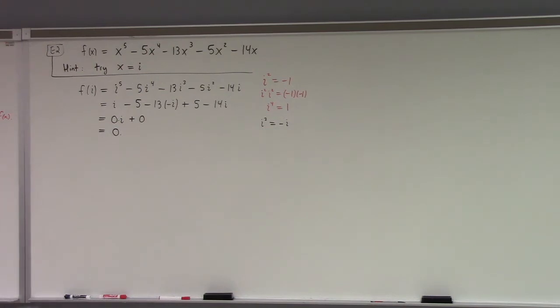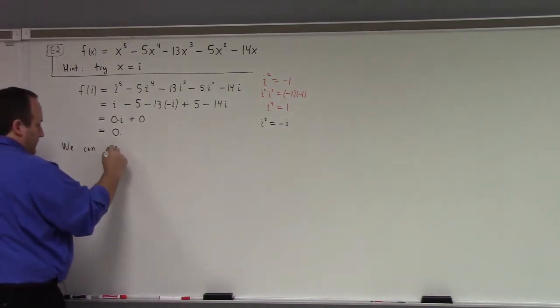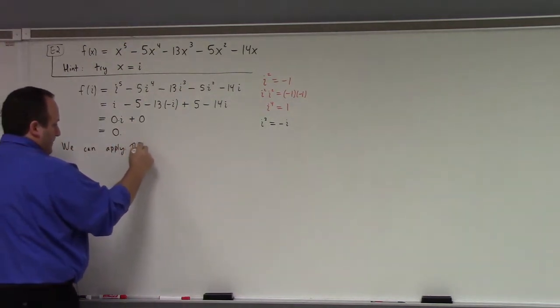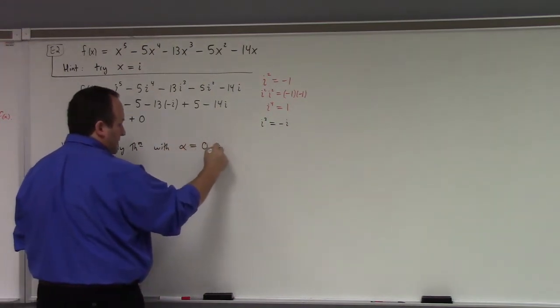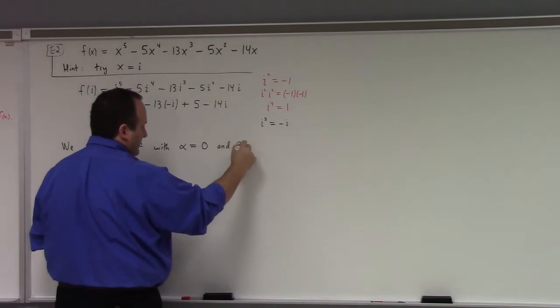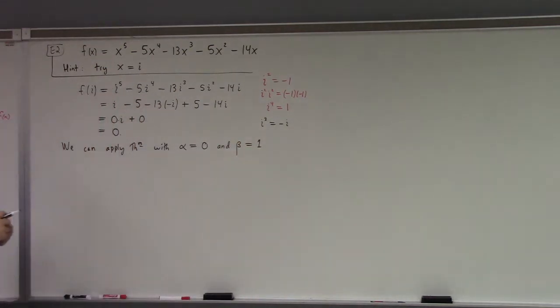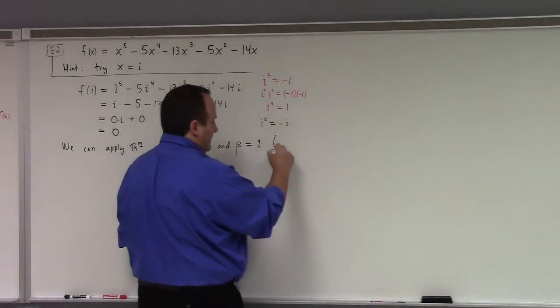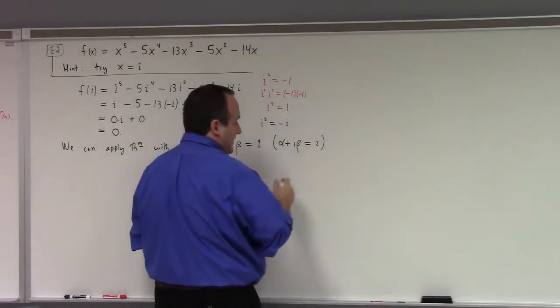All right? So going back to my theorem, we can apply the theorem with alpha equals 0 and beta equals 1. If alpha equals 0 and beta equals 1, then alpha plus i beta is just equal to i. That's what I want.